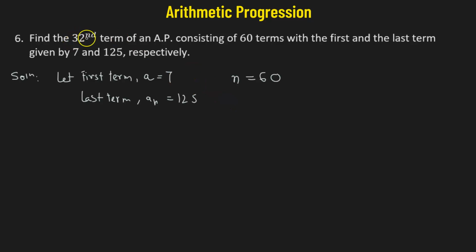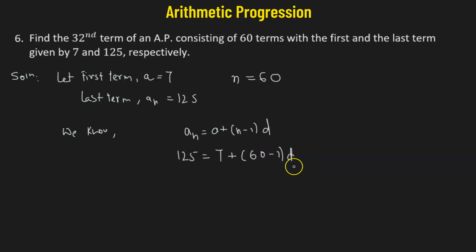Now using this information, we have to find out the 32nd term. Fine. Now we know that our last term is given by a plus n minus 1 times d. Our last term means the nth term. So here the nth term is 125. That's equal to our first term, which is 7, plus n, that's 60, minus 1 times d.